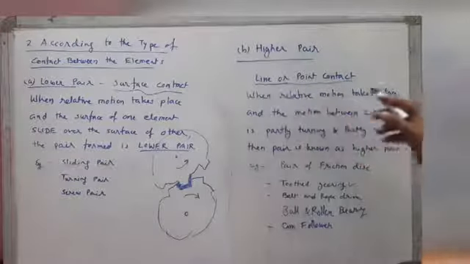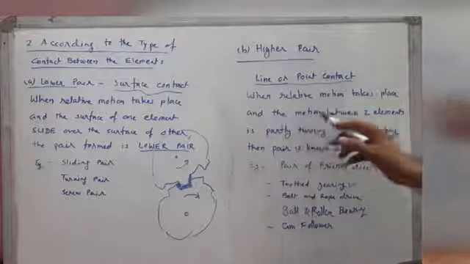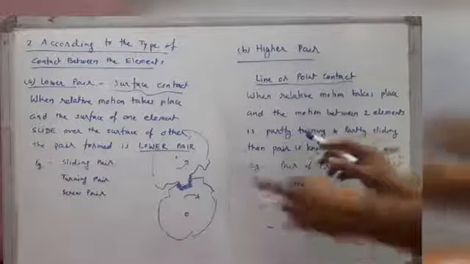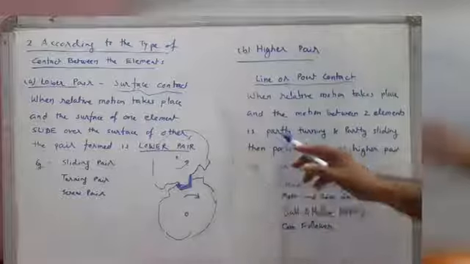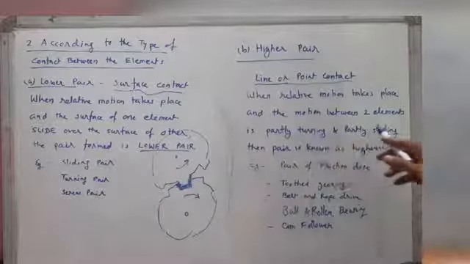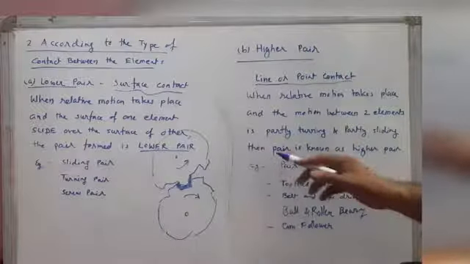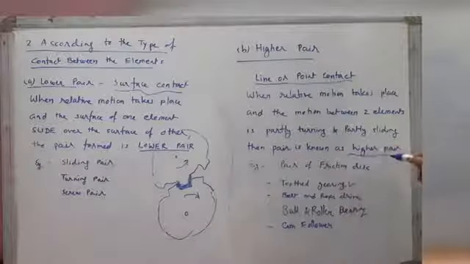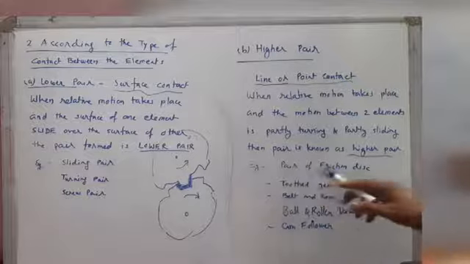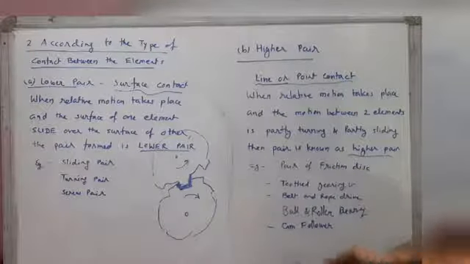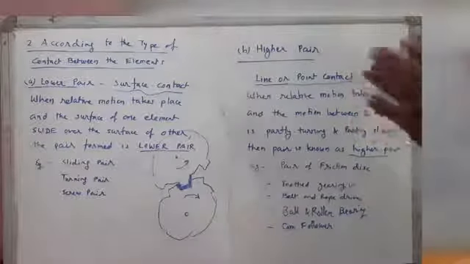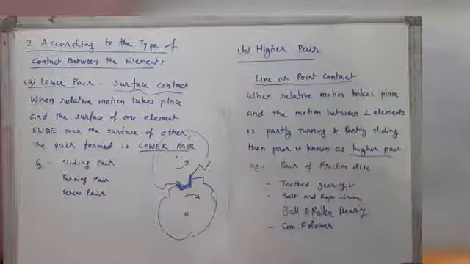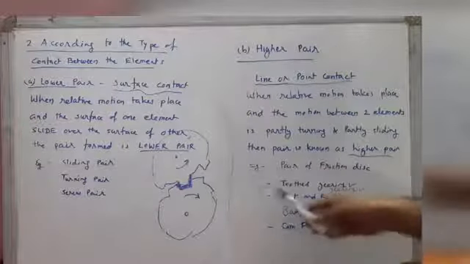When relative motion between two elements is partly turning and partly sliding, then the pair is known as higher pair. Pair of friction disc, where discs are there and friction is allowed. Then toothed gearing, which we have explained.